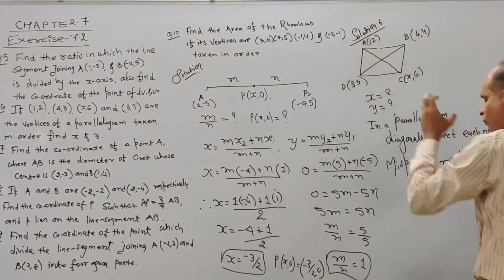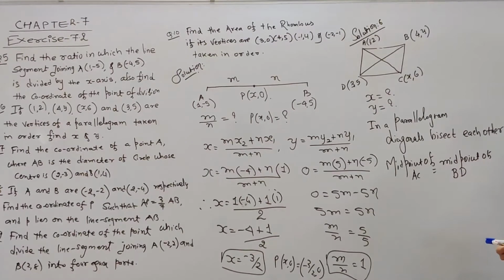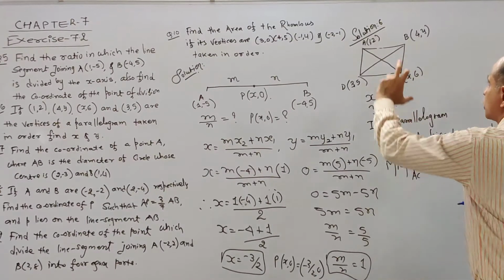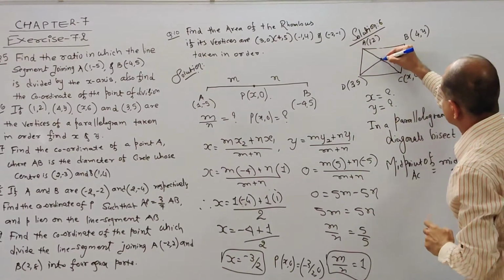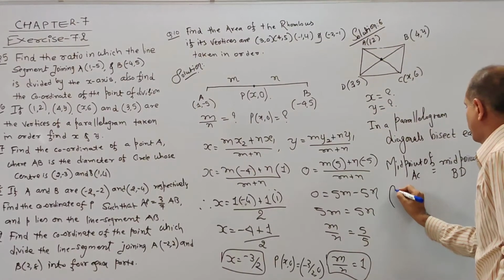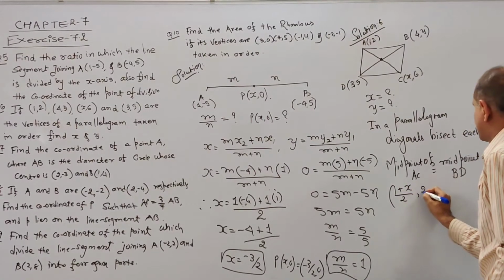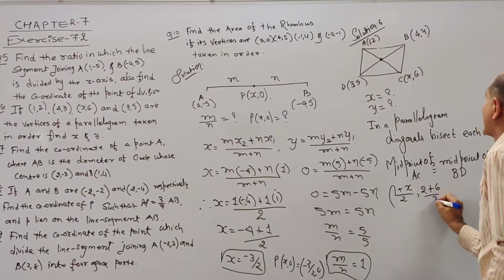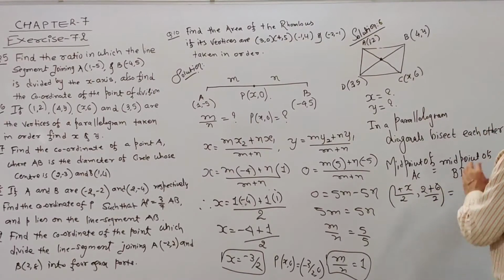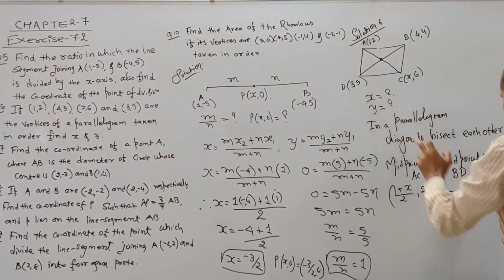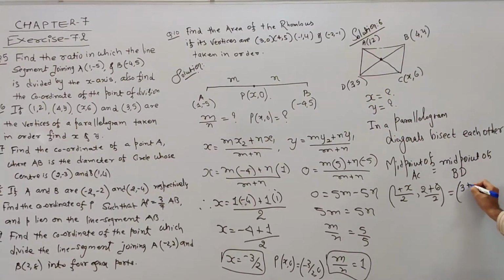Now, you know the midpoint formula: (x1 + x2)/2 and (y1 + y2)/2. So the midpoint of AC is ((1 + x)/2, (2 + 6)/2), and the midpoint of BD is ((3 + 4)/2, (5 + y)/2).